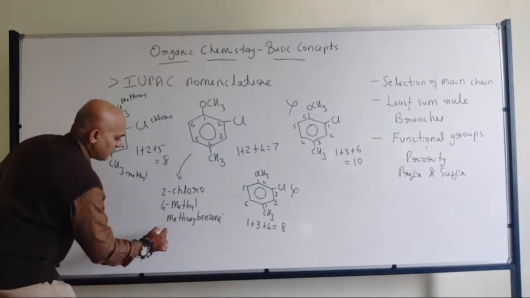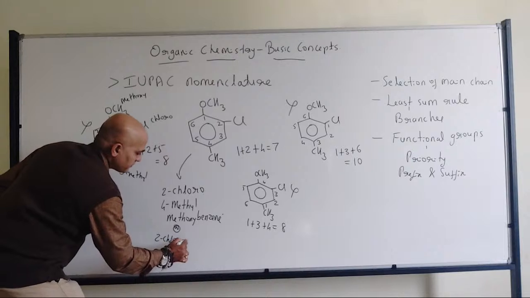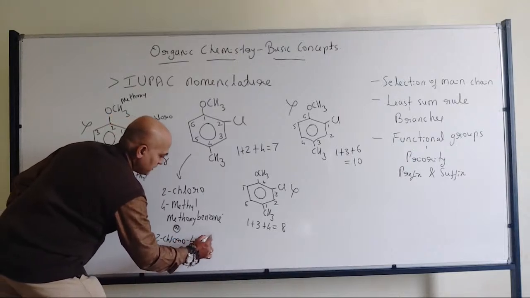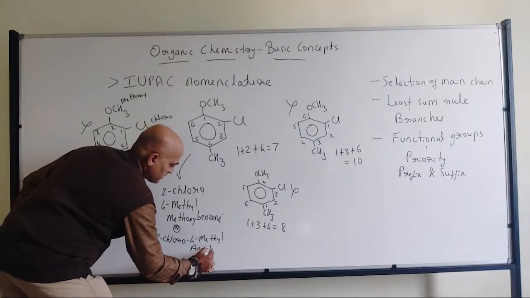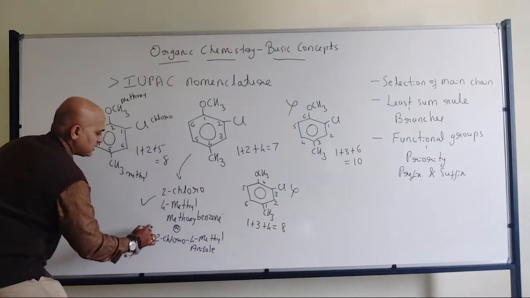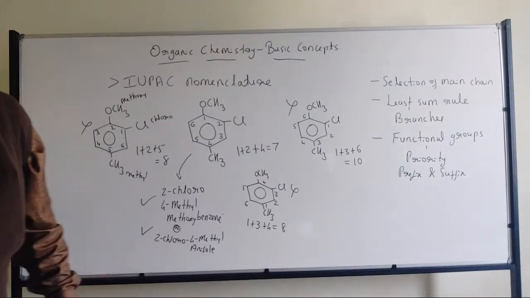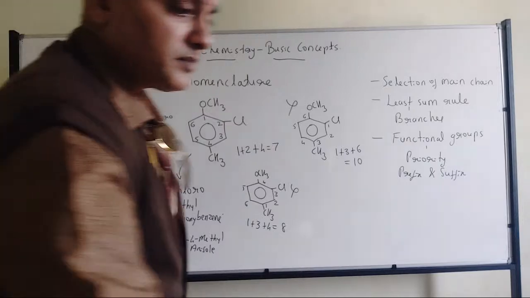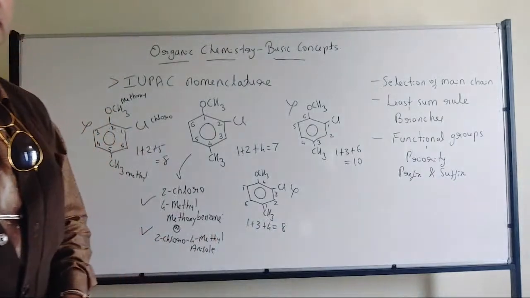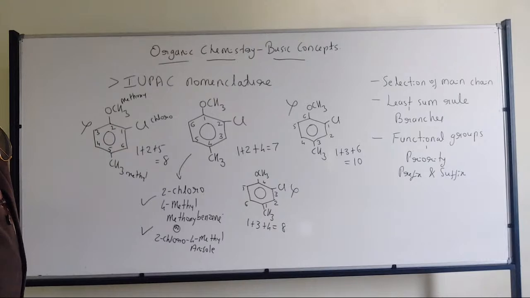Now, even we can call it 2-chloro-4-methyl anisole. That is also fine. Both are correct. Fine? All of you have understood? Any doubts? So why have we written methoxybenzene?